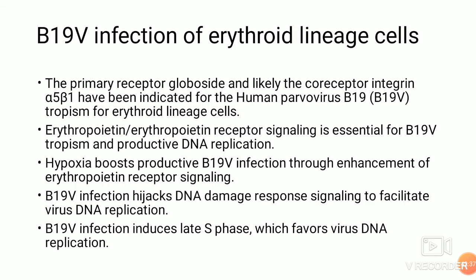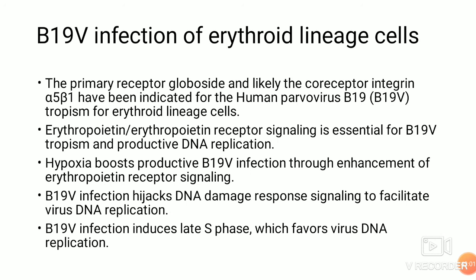So in this small PPT, I have explained about adenovirus and B19 infection. A recap of this B19: the primary receptor is the globoside, and likely the co-receptor is integrin alpha 5 beta 1, which are the receptors for B19 in erythroid lineage cells.